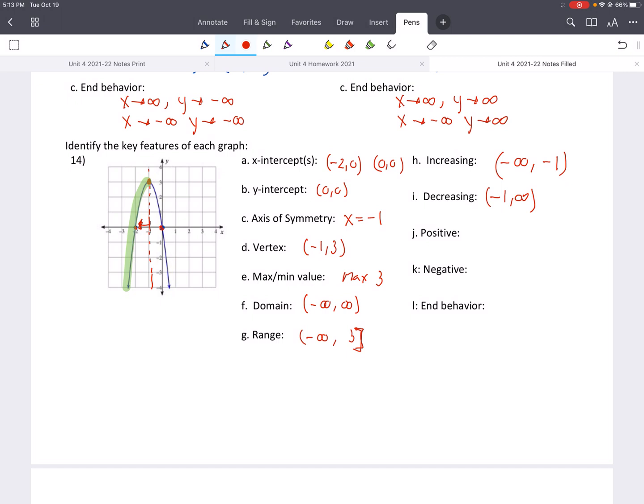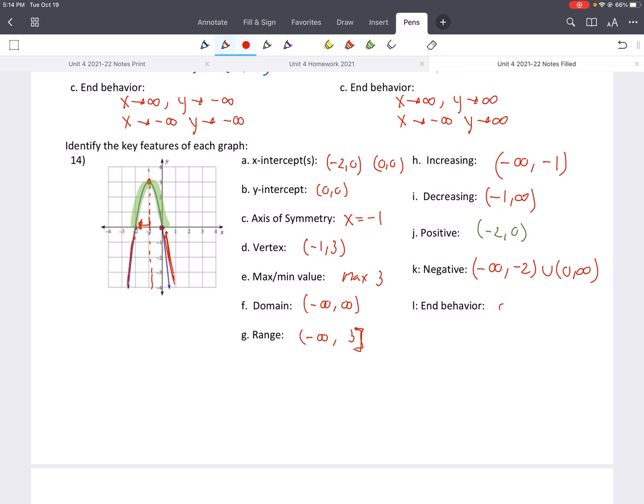Positive is these positive values. So that goes from -2 to 0. And then negative is this and this. So that would go from -infinity until it hits -2. And then it starts again being negative from 0 to infinity.